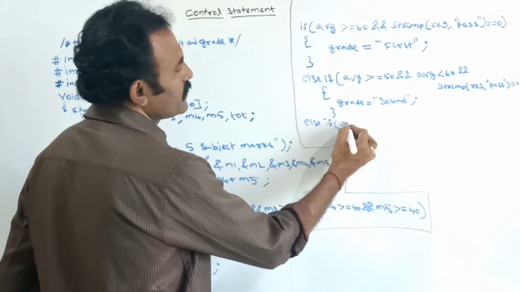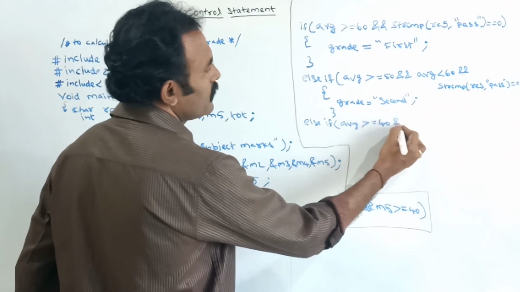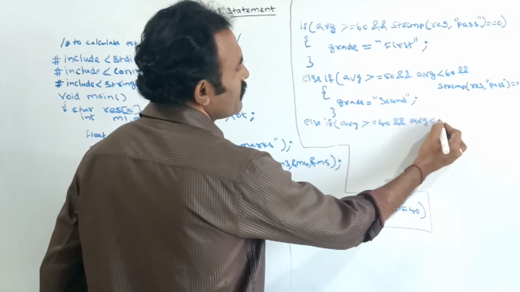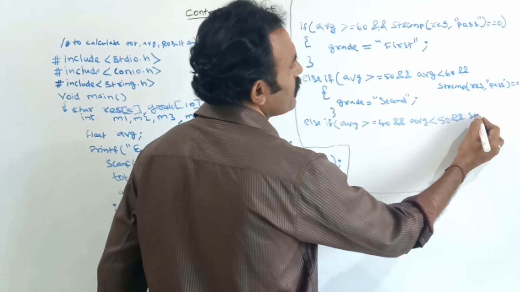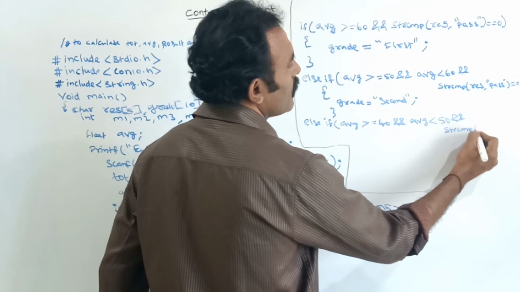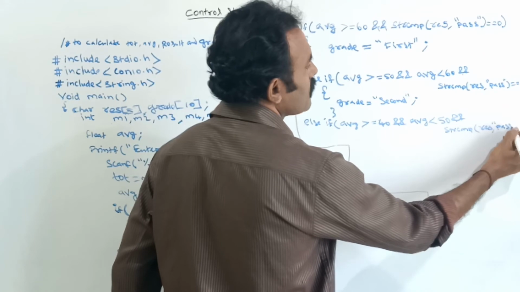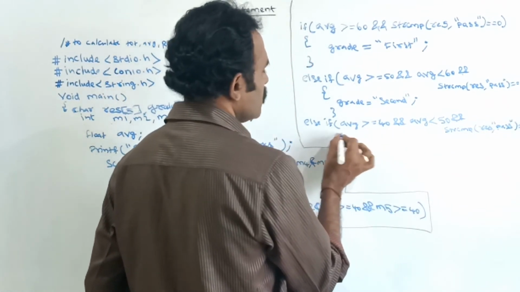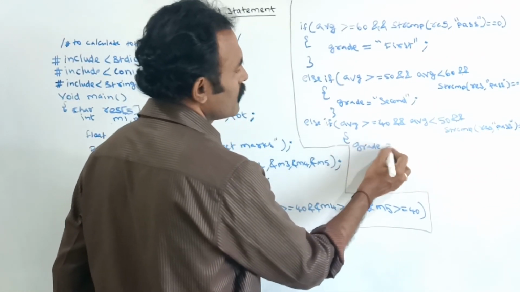Here average mark is greater than or equal to 40, and at the same time average mark lesser than 50, and string compare of this result and pass is equal to 0, then grade is equal to third.